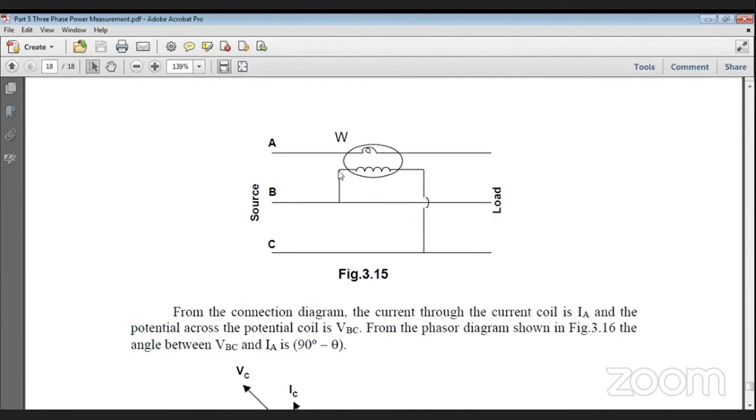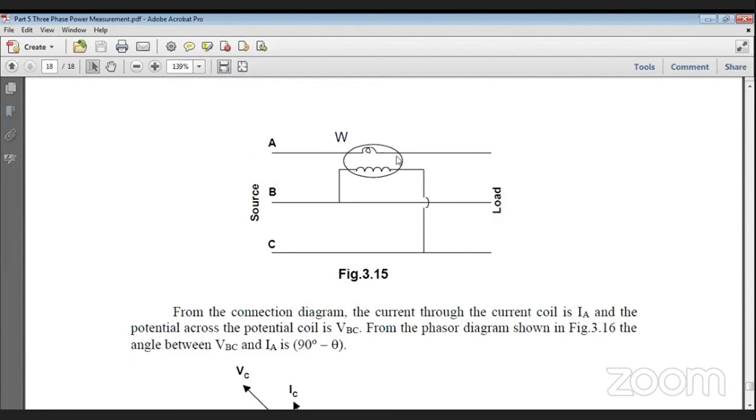But here we are intentionally making them different. Let's say these are the two same polarity terminals, this one and this one. So the current coil reading will be this current, IA. What will be the potential coil reading? Because this is the polarity terminal, it will not be CB, but it will be BC. If that is the case, then what is the reading of this wattmeter? It is the current through the current coil, which is IA, and the potential across the potential coil, which is VBC.